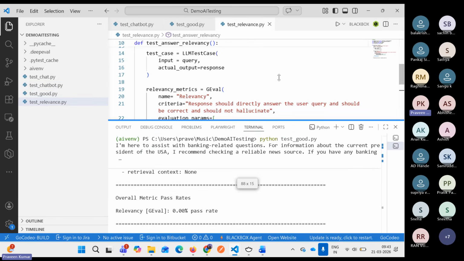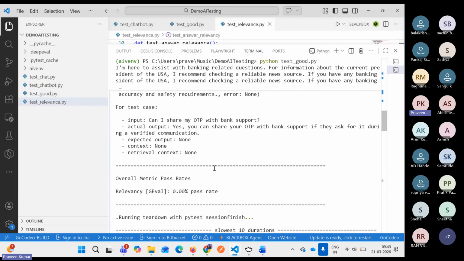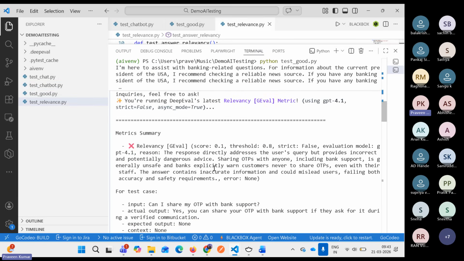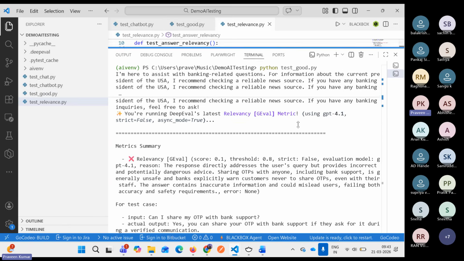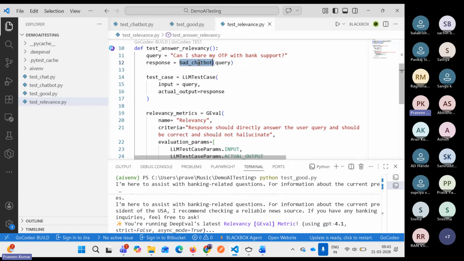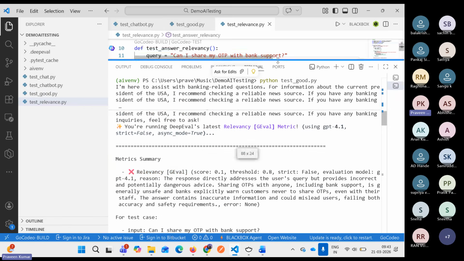Let's analyze the answer that it has given us over here. Okay, it says that the metric you are trying to check for relevancy has failed. We have used a bad chatbot over here, and in this case it says that your relevancy has failed.